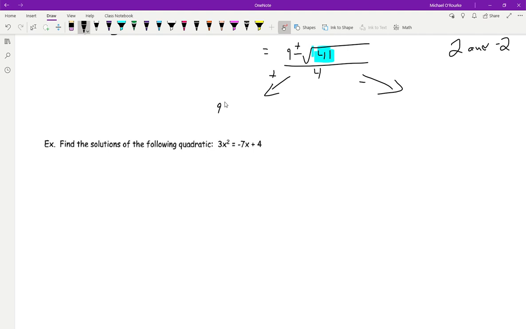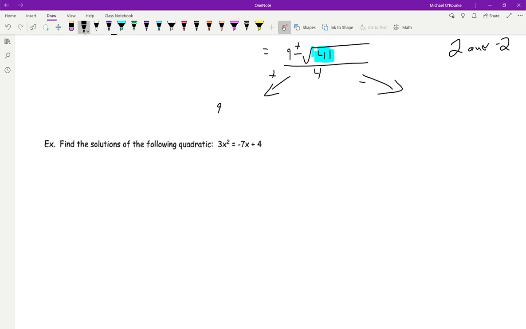Oh, I got to look up the square root of 41. Square root of 40, oops. In the wrong mode. Square root of 41 equals 6.4.